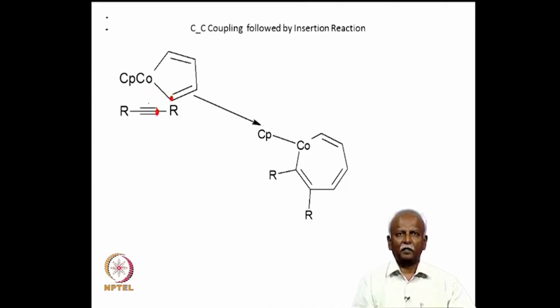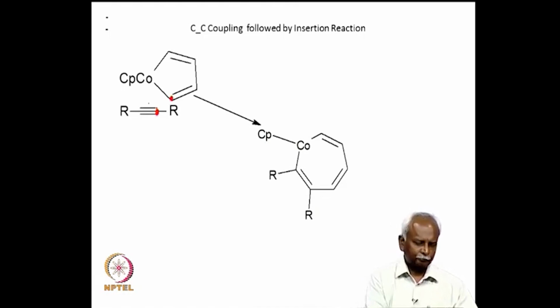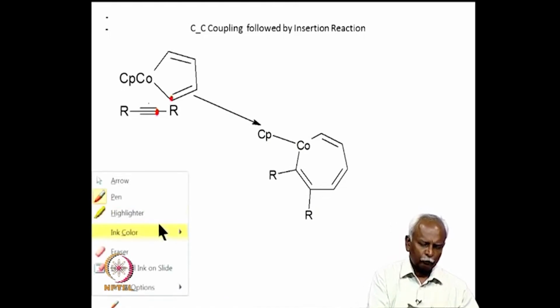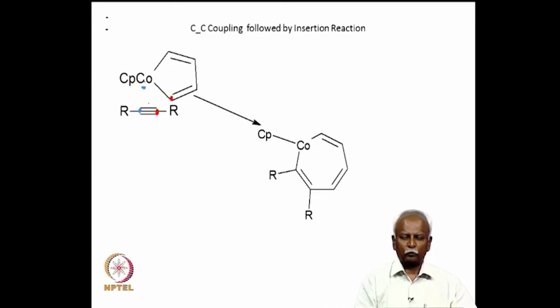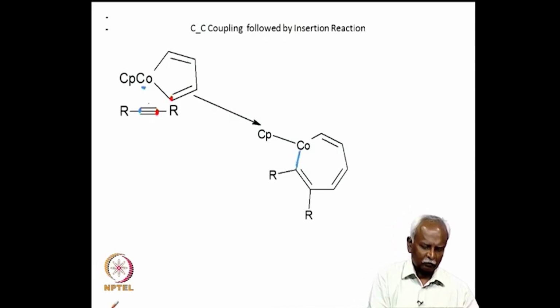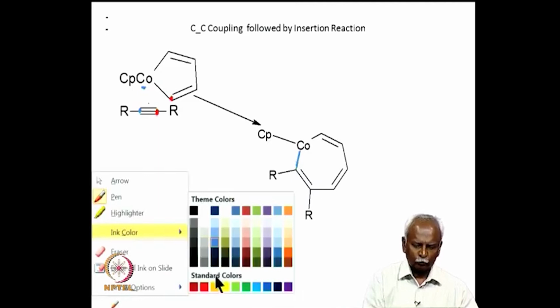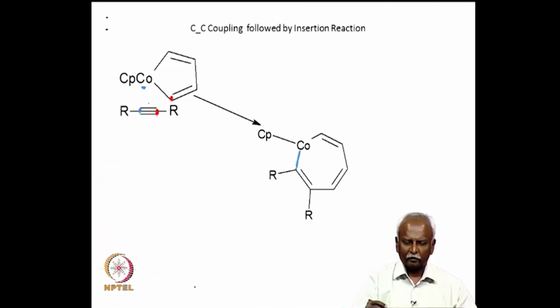Both of them are marked in red. And if you mark the other acetylenic carbon and the cobalt center, if a new bond is formed here, that will lead to the formation of this blue bond here. So, let us mark the two colors that we have.